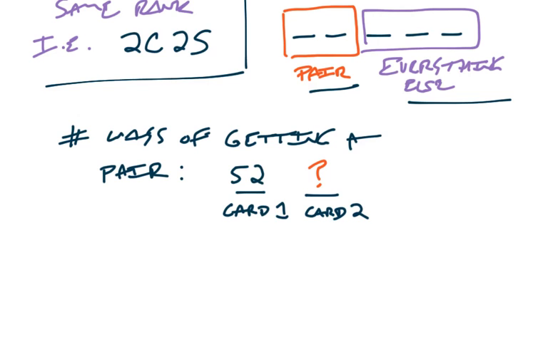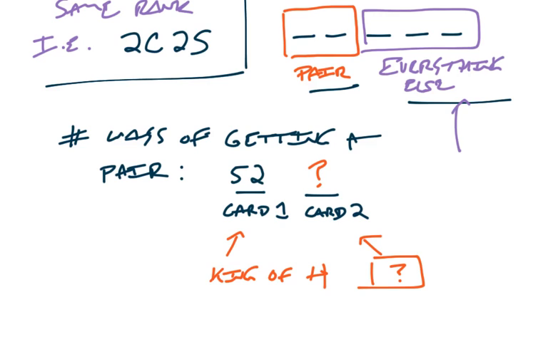Alright, so think about this before you start the next video. If you want a concrete example, let's say this first card is a king. Right, let's make it specific. Let's say it's a king of hearts. How many other cards are in the deck that will complete this pair? Right, that's the question I want you to answer. If you can answer that, I want you to try and attack this issue of choosing everything else.